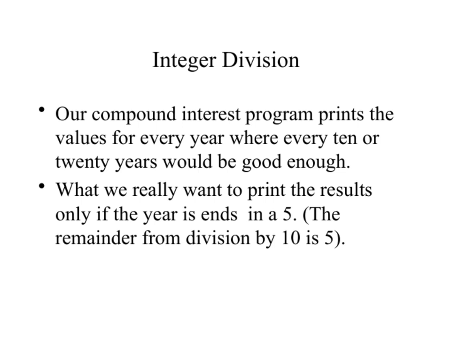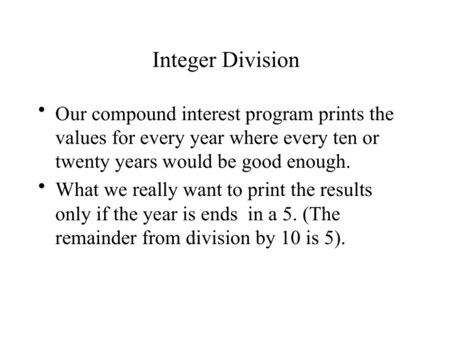What we really want to do, though, is to focus on specific years, specifically those that end in a 5. So, for example, the year 5, 15, 25, and so on. These are the years where the remainder when divided by 10 is 5. This is where the concept of integer division comes into play. It helps us determine if the year ends in 5 by checking the remainder when dividing by 10.